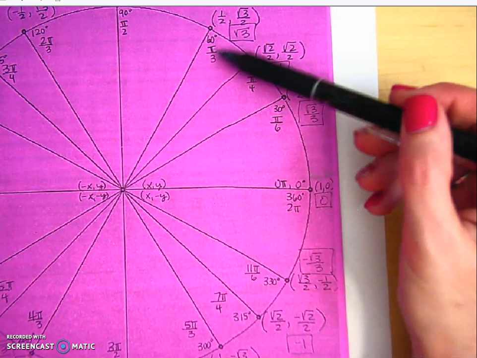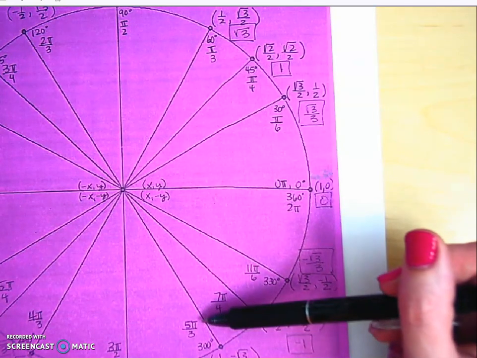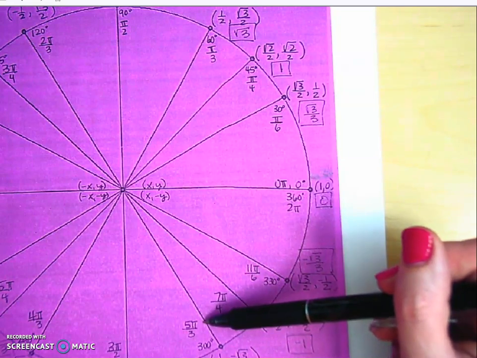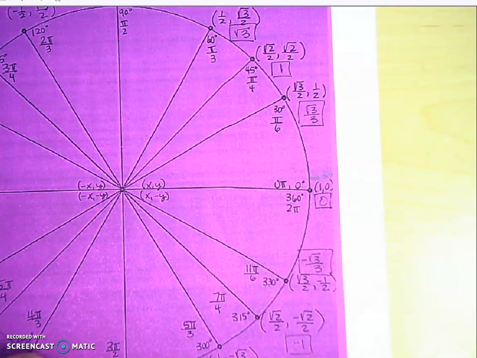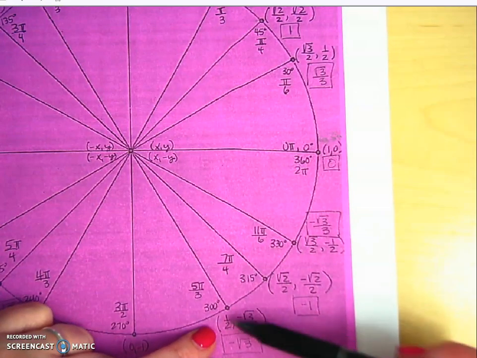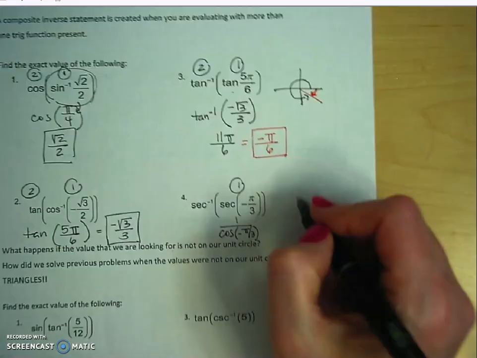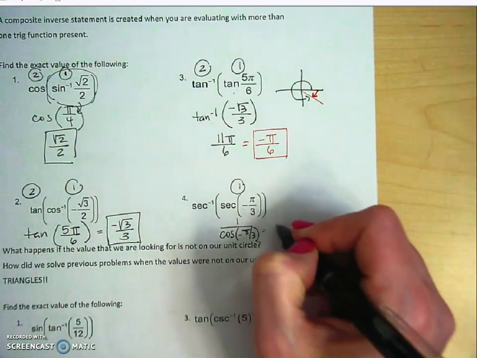So here's positive pi over 3. The negative version is reflected down here, so at 5 pi over 3. And the cosine of that angle is 1/2. So taking the reciprocal of this flips the fraction to 2 over 1. So this value is 2.